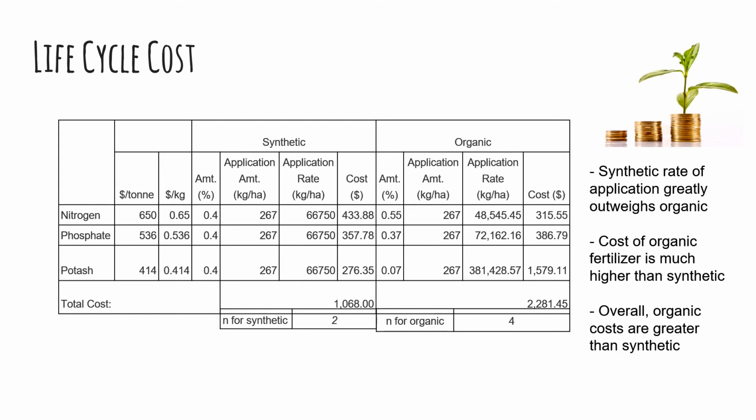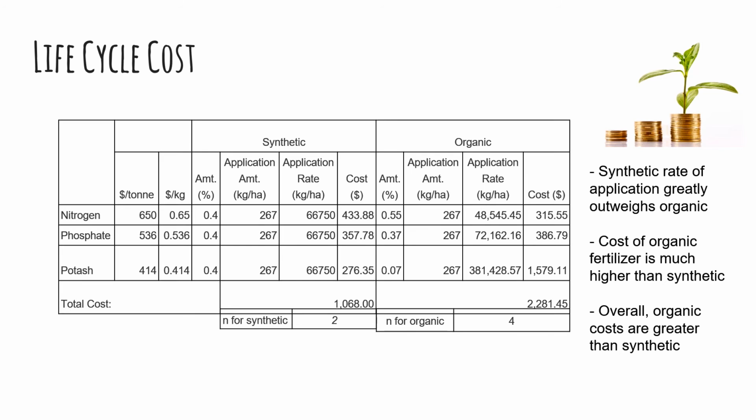The chart you see is the total cost of each fertilizer by its components. In our net present worth analysis, we are assuming that our costs do not include everything but fertilizer and application costs.